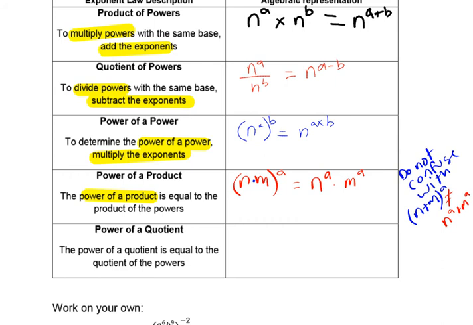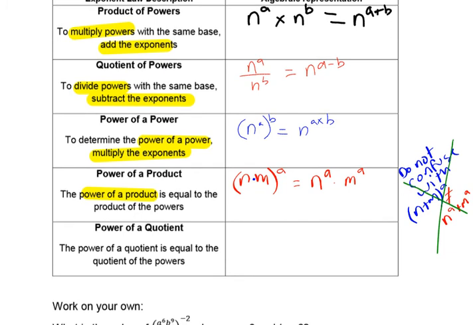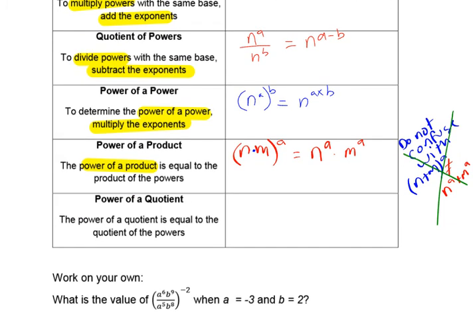And a lot of you tried to do that in your last chapter when we were expanding. And you say, hey, I'm just going to bring the squared in and put it to both. That only works if it's multiplying. So let's put a big X through that. Do not do that. If you've got power of a quotient, again, apply that exponent in.